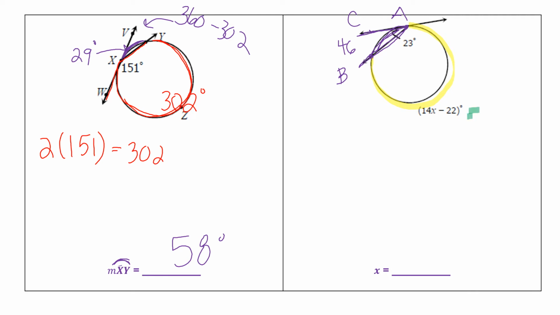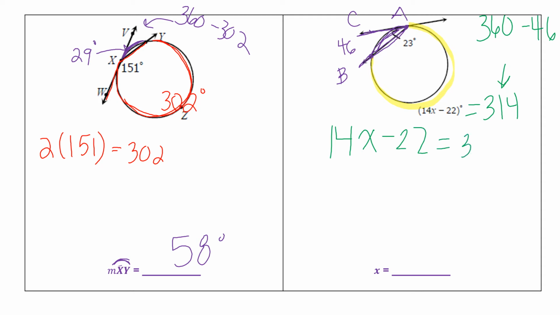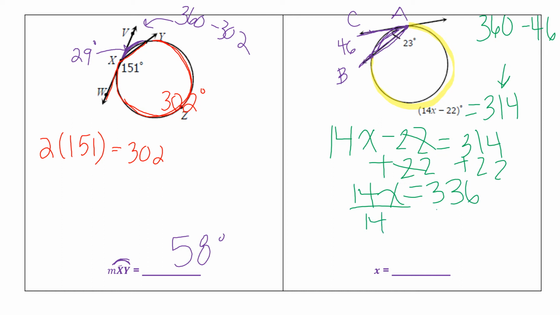So what I can do is take my 14x minus 22 and set it equal to 314. So I'll start by adding 22, which gives me 14x equals 336. Divide both sides by 14, and that's going to give me 24 for x.